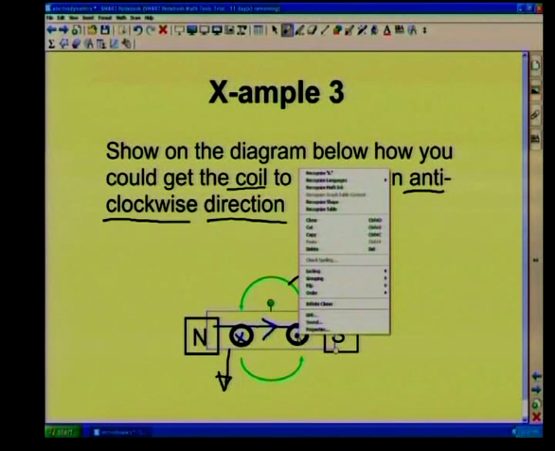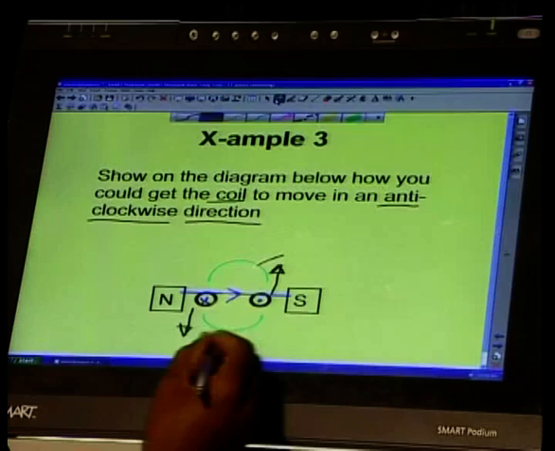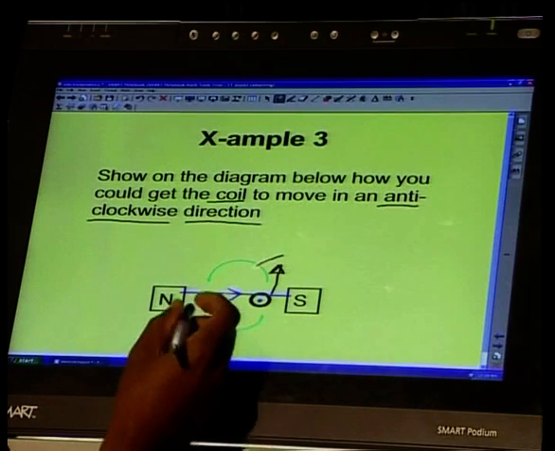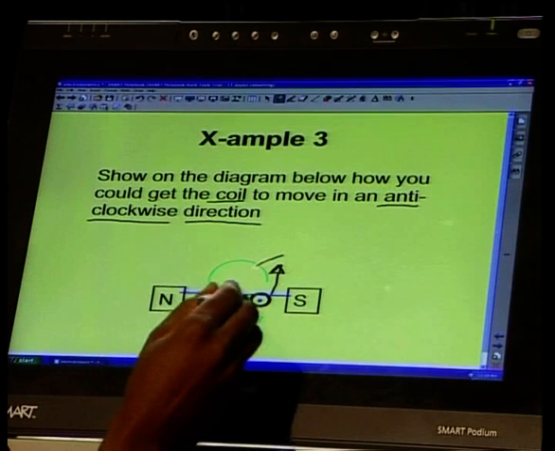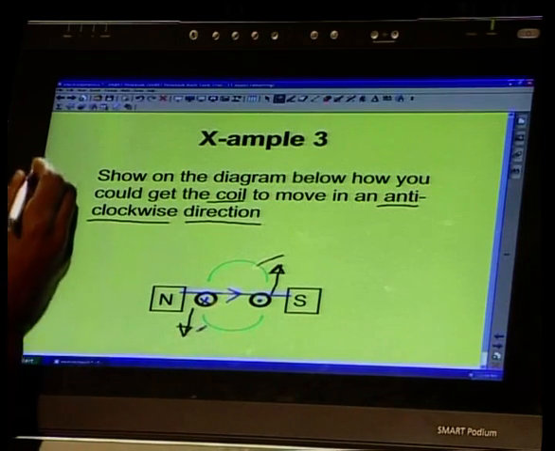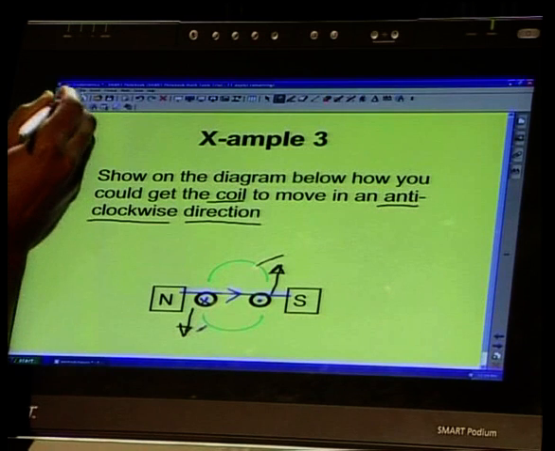We use a dot there to say the current is coming outwards. So that's how I would make sure that this coil moves in an anti-clockwise direction. I would have the current going in from the left and coming out from the right. So in that way we have answered that question. What are we going to do to make sure that the movement of the coil is anti-clockwise?